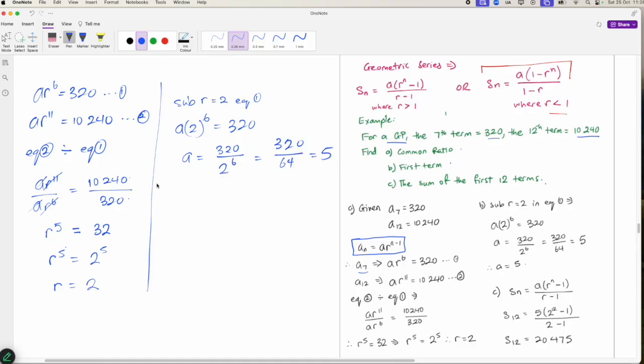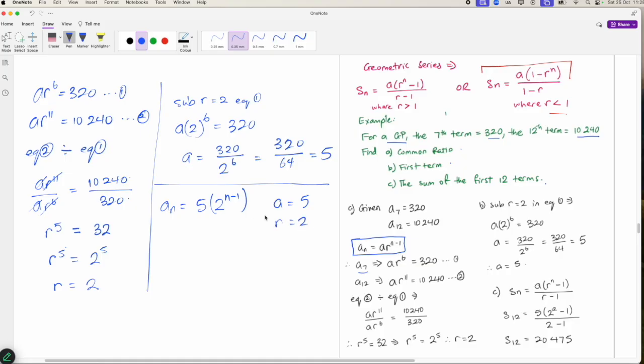So now we have a GP, a_n is equal to 5 times 2 to the power of n minus 1, where a, the first term, is 5, and my common ratio r is 2.